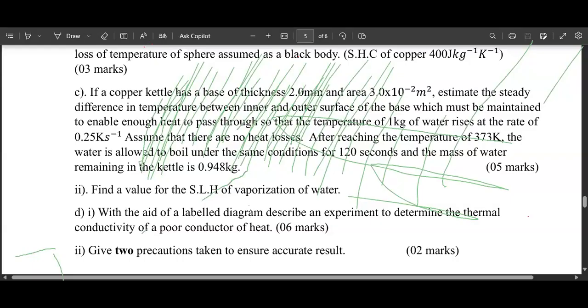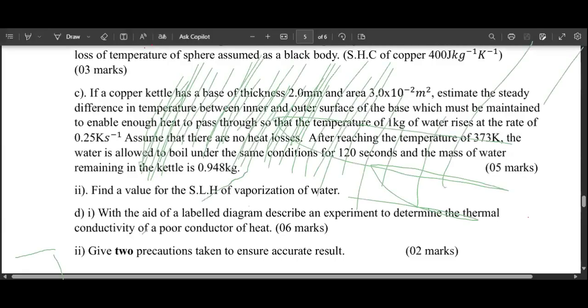That is between the inner surface of the kettle and the outer surface. So that is our expression. That is our answer for the difference in temperature.